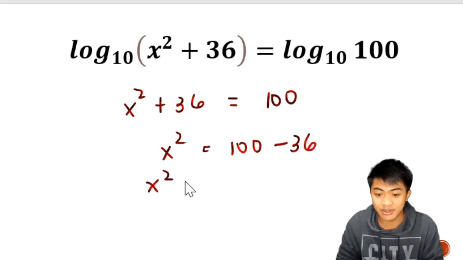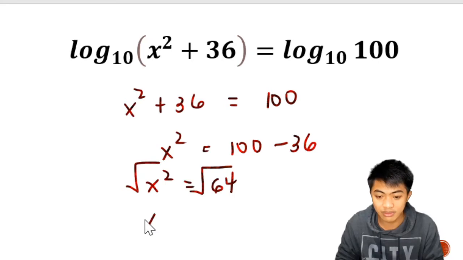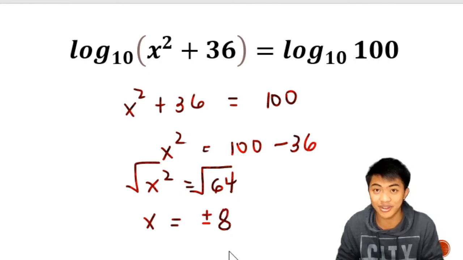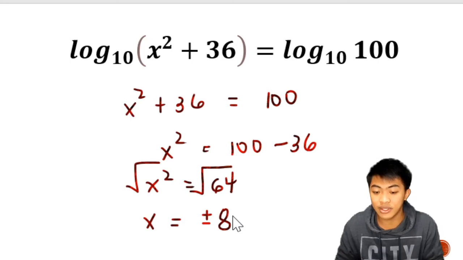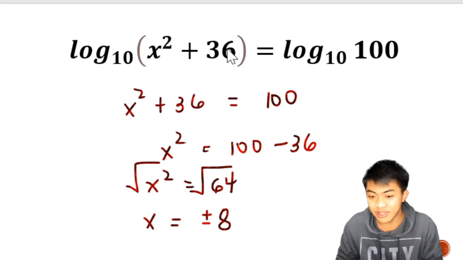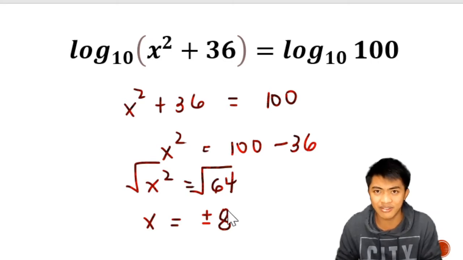And x squared is equal to 100 minus 36, which is 64. We take the square root of both. X now is equal to positive and negative 8. Don't forget the negative. Okay, so the values that will make this equation true are positive 8 and negative 8.